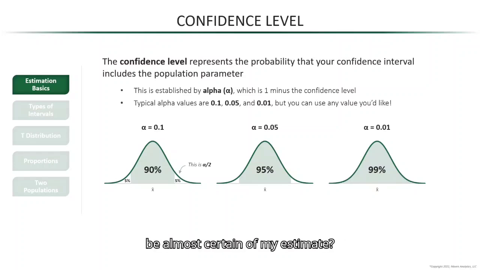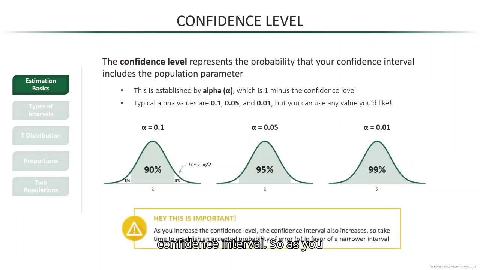And before you think, well, why wouldn't I just go with the highest confidence level? Don't I want to be almost certain of my estimate? You could, but if you remember from the last lecture, the width of the area here is actually the width of the confidence interval. So as you increase the confidence level, the confidence interval also increases, it gets bigger.